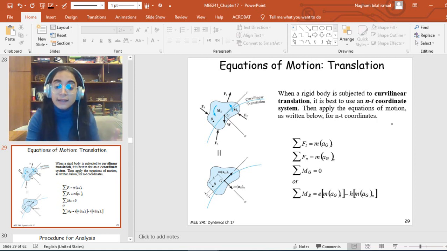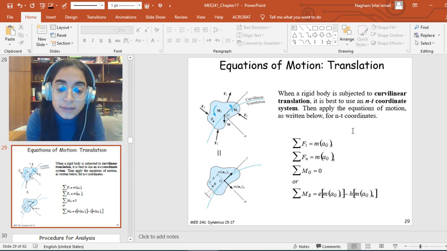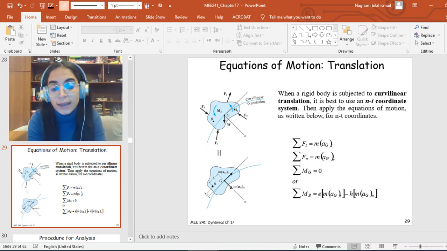Or, as I said earlier, you can use the sum of moments around any point on this rigid body. Let's say here, I take this point B that is far from G by e in the normal direction and by h in the tangential direction, all right? So if I want to take the sum of moments around B, I have to take the moments of m a_Gn and m a_Gt.